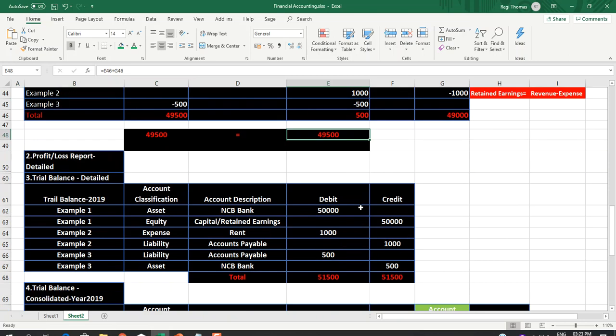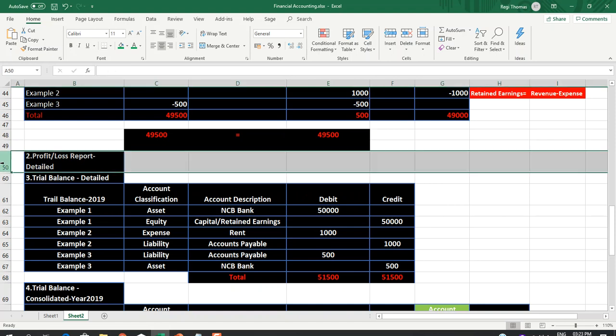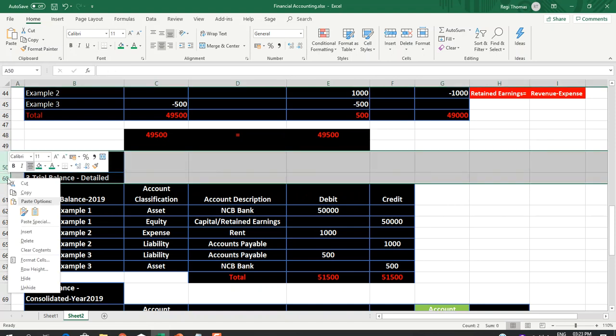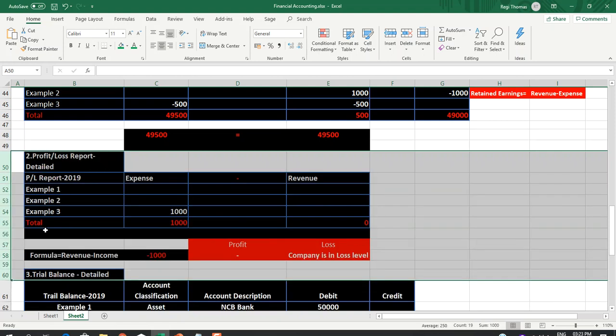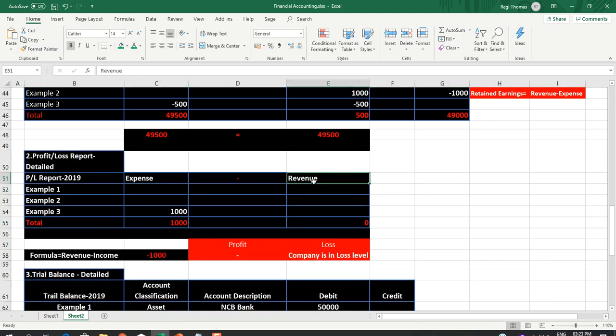Now we are going to see another report called the profit and loss report. We already know that in profit and loss reports, we only have expense and revenue. In our example, we have only incurred an expense amount of 1,000. So the total is 1,000.